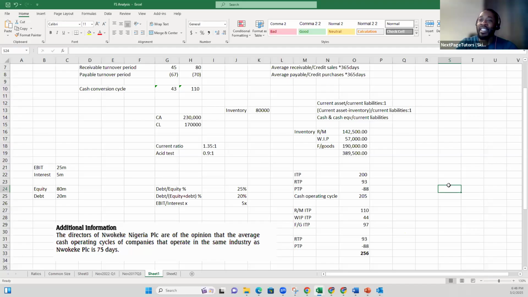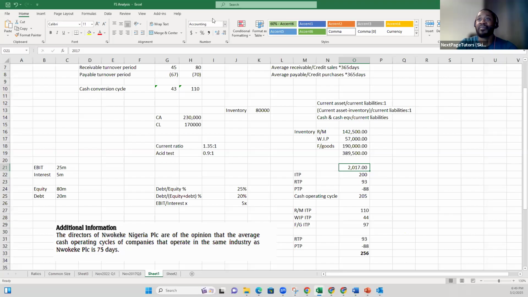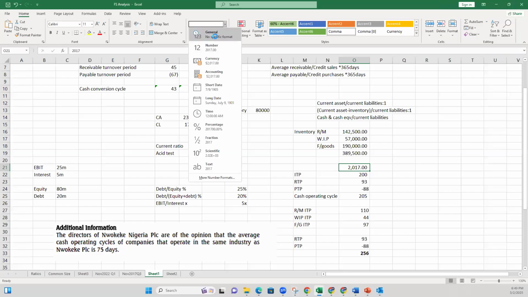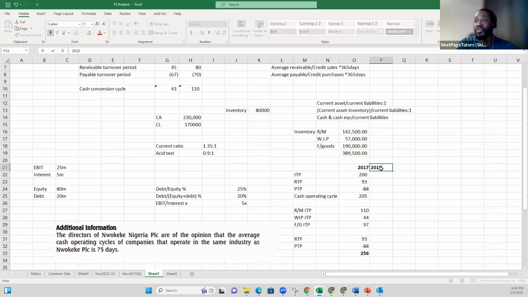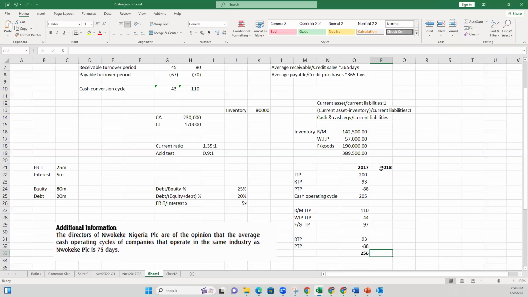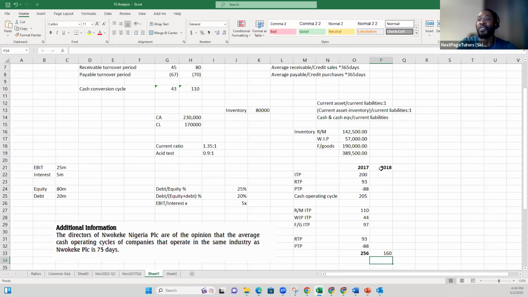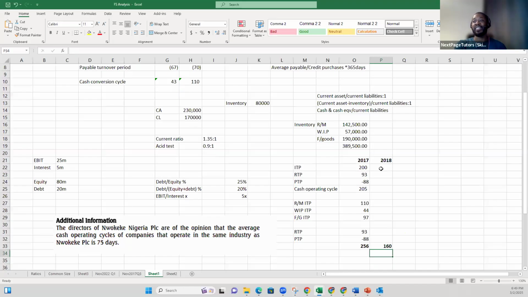What a perfect analysis. Still, you, Adebimpe, you know this year we analyzed is 2017. And let's say that you now analyze in 2018 and this number has actually improved drastically to 160 days, right? I want you to reinterpret the 2 years in line also with the industry average.